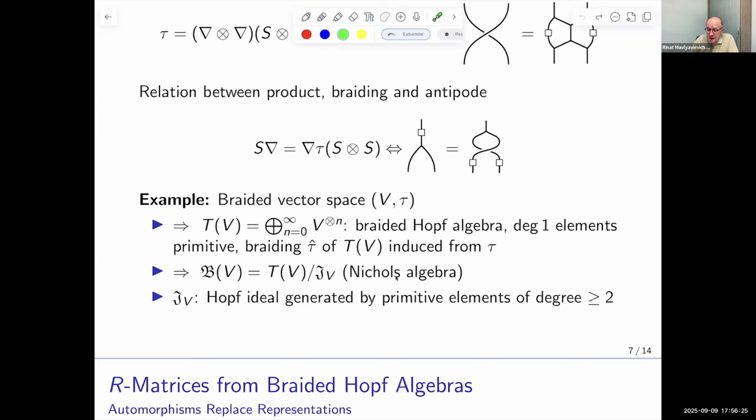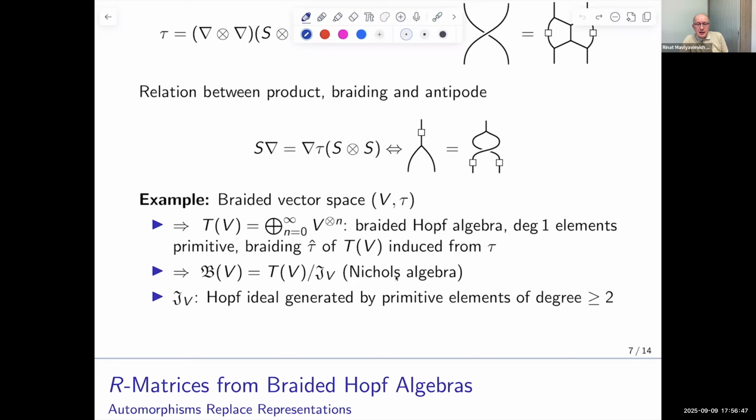And in this case, the quotient braided Hopf algebra is called Nichols algebra. The theory of Nichols algebras is a huge subject, which I myself learned relatively recently, and I regret that I didn't learn it many years before.